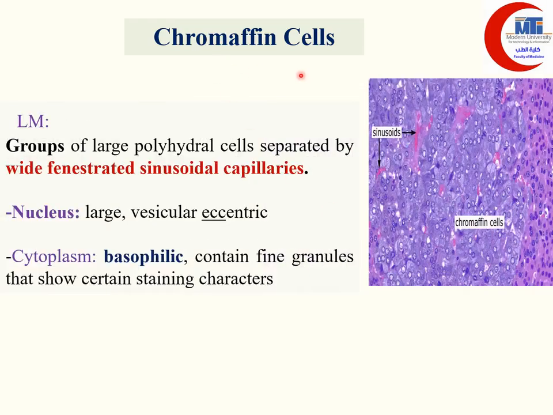Chromaffin cells are the main type of cells in the suprarenal medulla.